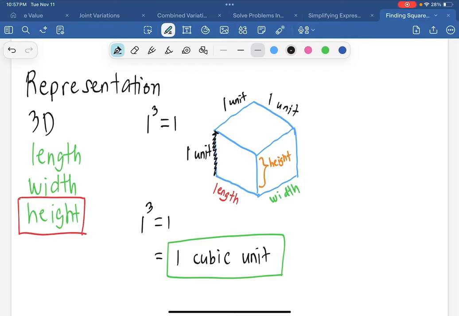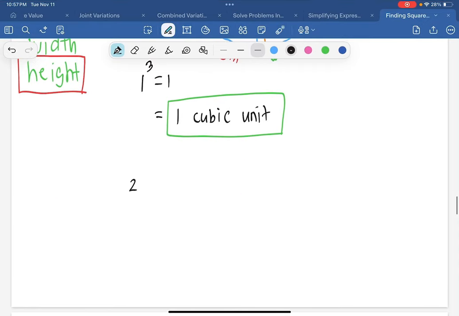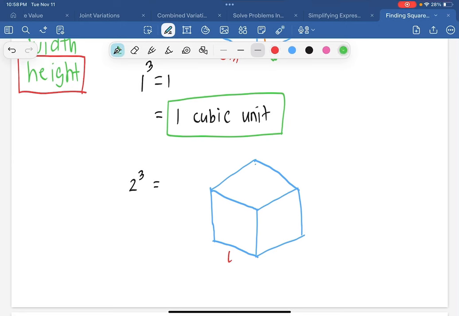Now, if you're also to have 2 cubed, still the same illustration, however, we have the length, the width, the height.